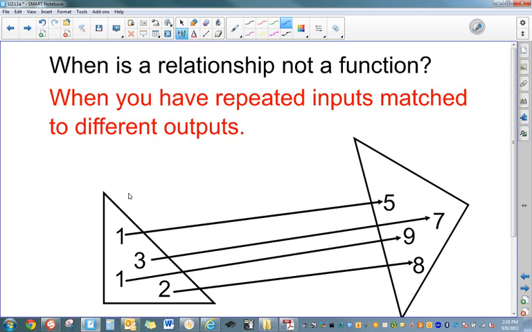That is not a function. It's still a relationship. We're not taking anything away from that. But it's not a function because it has a repeated x value that goes to a different output. If you were looking at it in the table of values, you can see the 1, 1, 2, 3, 5, 9, 8.